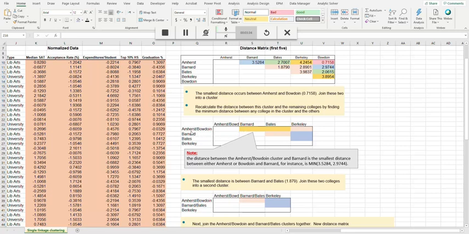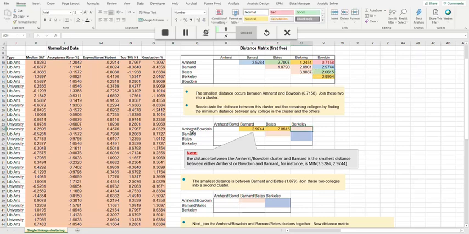So we look at the distance between Amherst and Bernard, this blue cell, and we look at the distance between Bowdoin and Bernard, and the minimum will be the distance here. 2.9 is the minimum. In the same manner, we look at the distance between Amherst and Bates, the green one, and Bowdoin and Bates, the green one, and the minimum is 2.06.